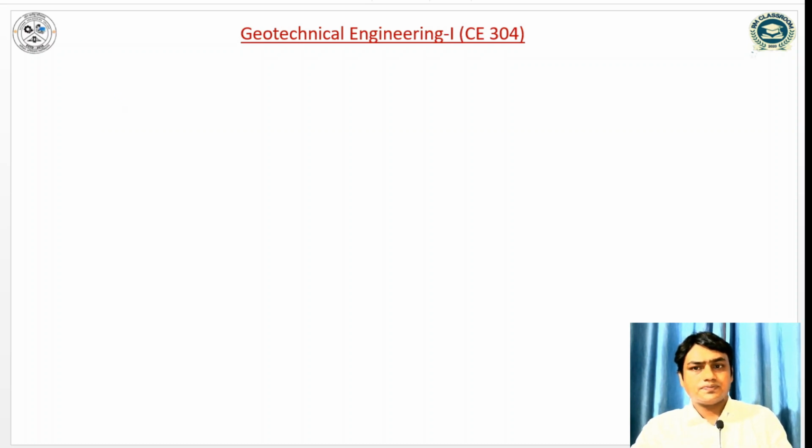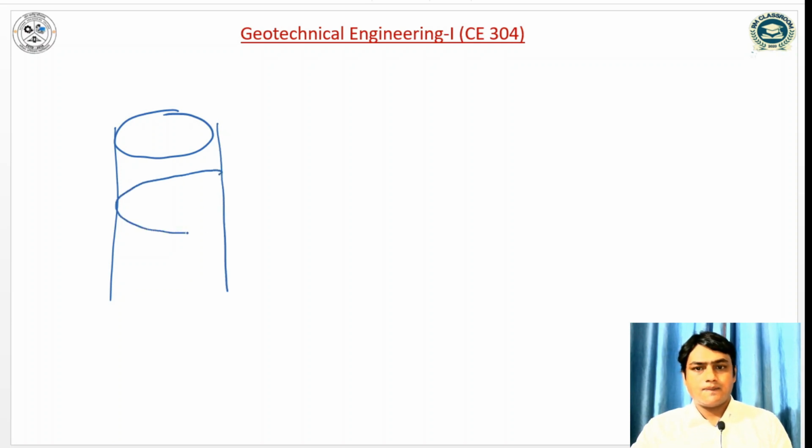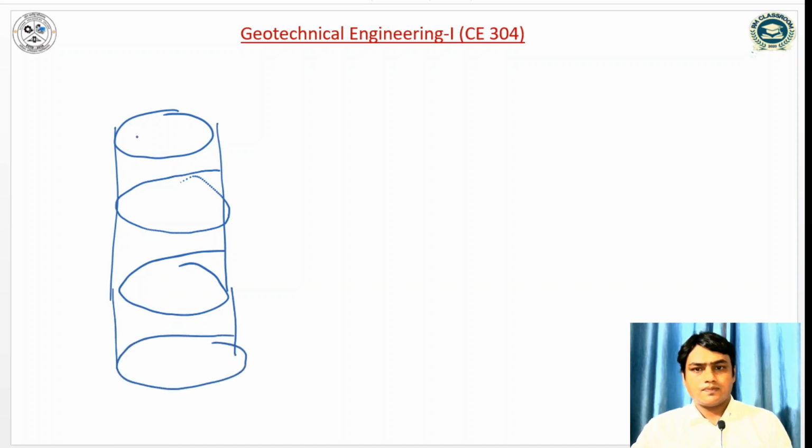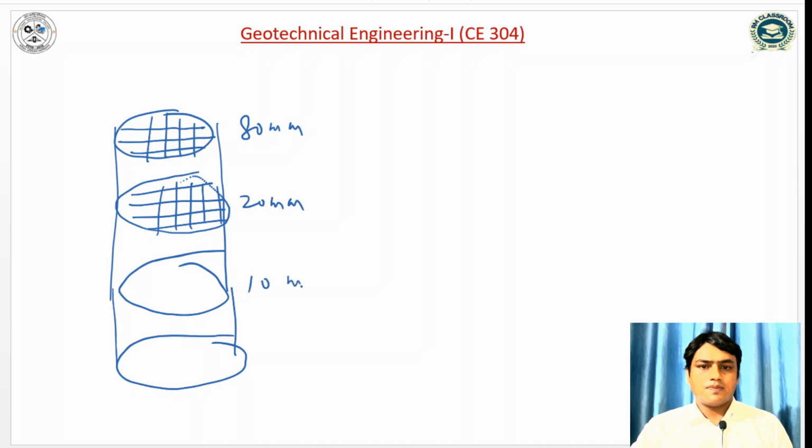So what we do, there are different sets of sieves, and the sieves are staggered in such a way, in decreasing order, like this is 80 mm, 20 mm, 10 mm, 4.75 mm.